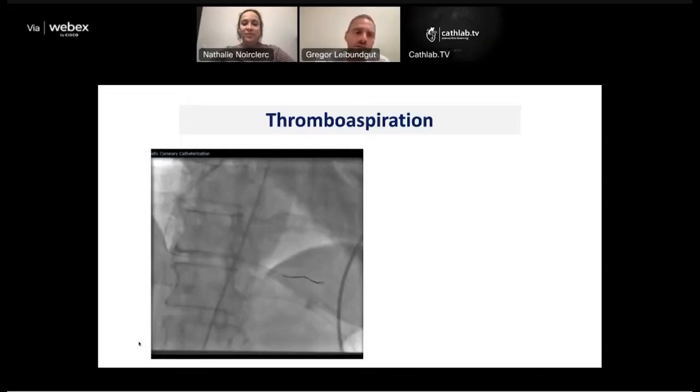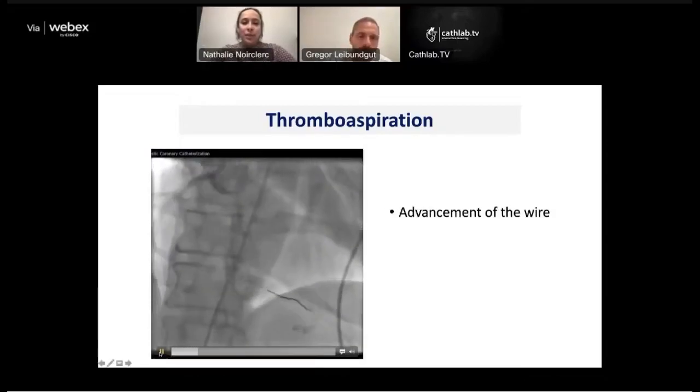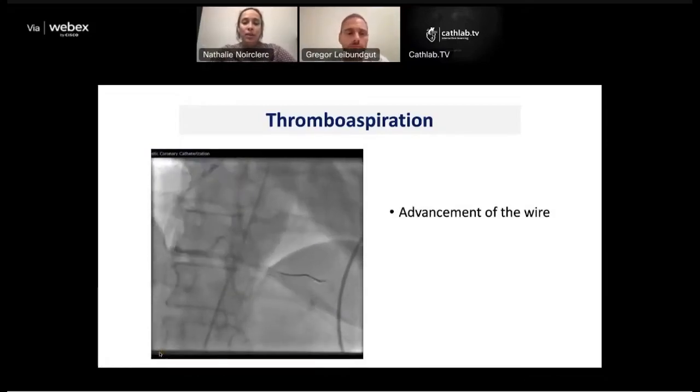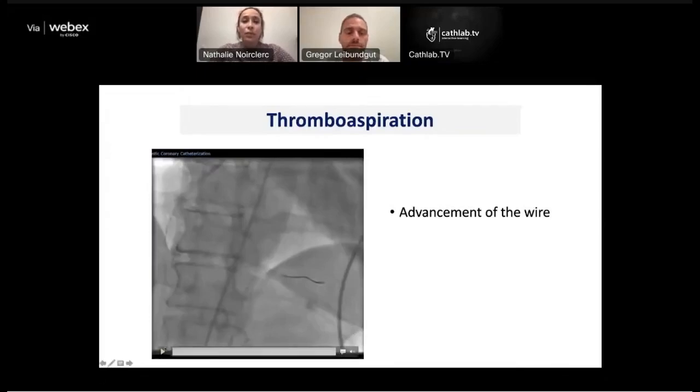So it's very, very dangerous to have your wires too distal in small branches. Yes, but I also do the same when it's something subacute and the thrombus is already organized. I think the choice was good, but the problem is that it advanced too far, and so this is what happened.